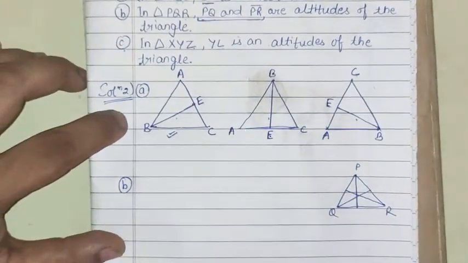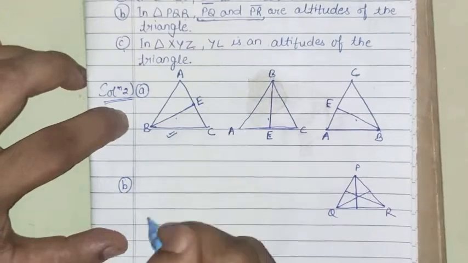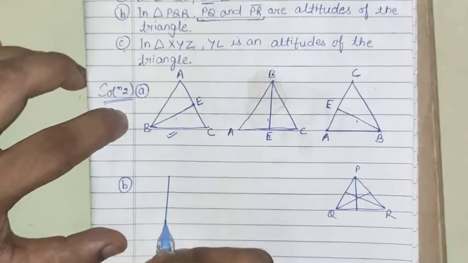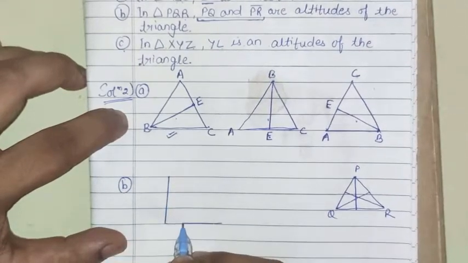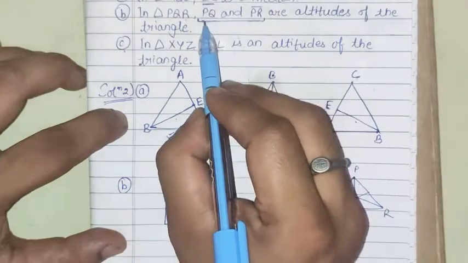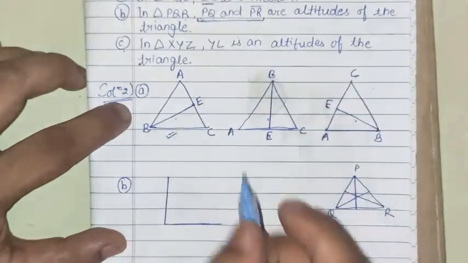So how to make it? We need an altitude on both line segments PQ and PR, and P is common.